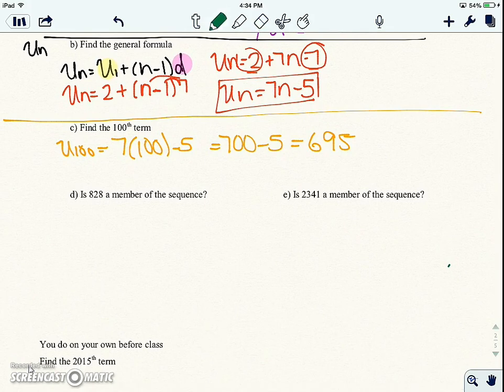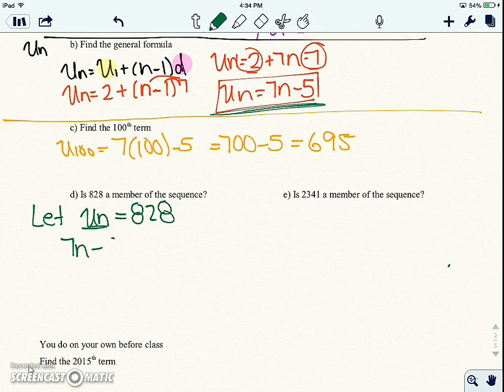We are going to let u of n equal 828. We're going to assume that it is a member. And remember that u of n is this red formula right here. So we can substitute that in, and we have 7n minus 5 equals 828. And now we're going to solve for n.